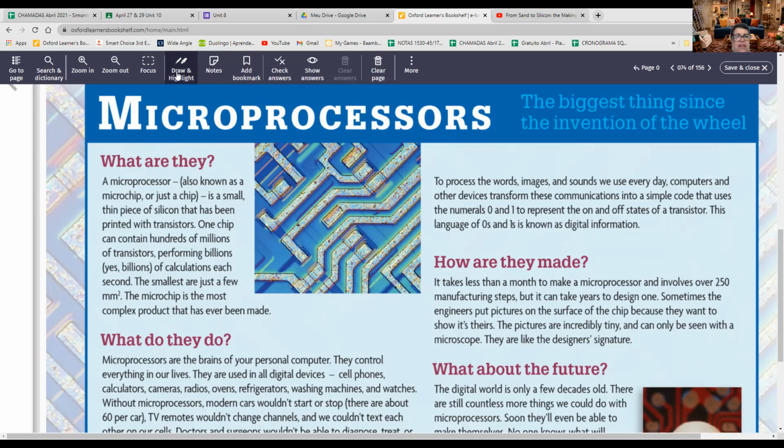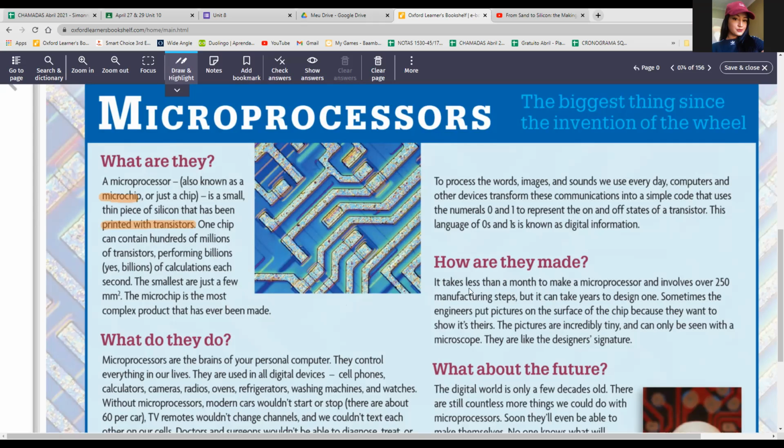So, what exactly are microchips or microprocessors? They can also be called a microchip. This is another name for processor, and they are very small, thin pieces of silicon printed with transistors. These are these little circuits here. So imagine one chip can contain hundreds of millions of transistors.